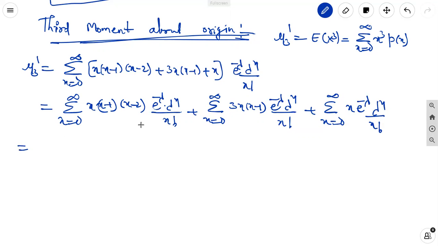Here x factorial can be written as x into x minus 1 into x minus 2 into x minus 3 factorial.